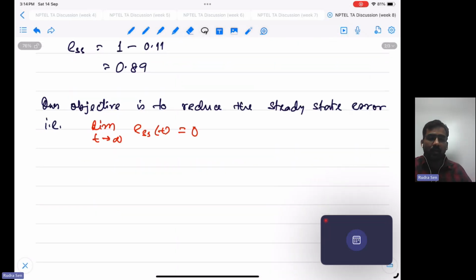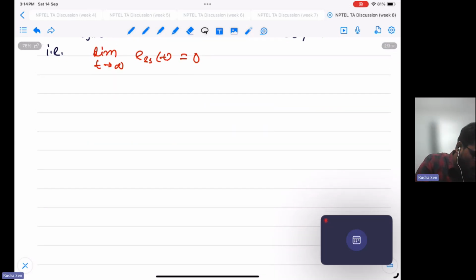So what does that mean? That means we need to design some u, so that we give an external force so that this happens.